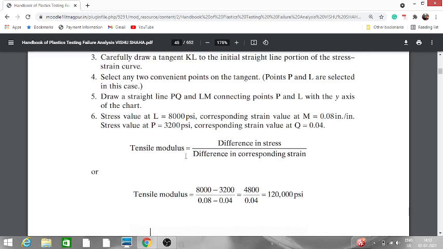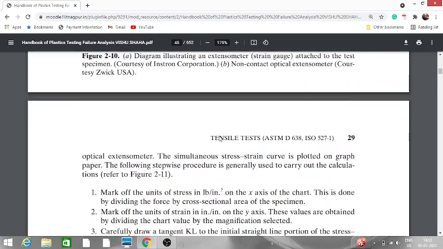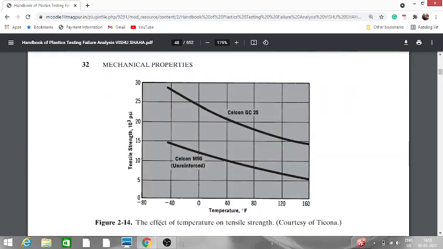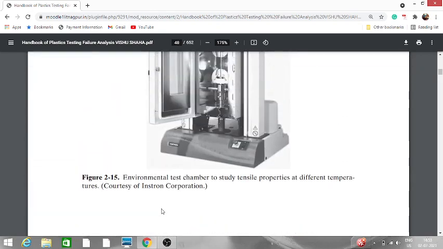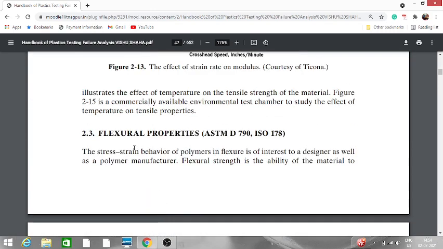Difference in stress, difference in corresponding strain. Same can be applied for flexural strain. So I hope this flexural test is clear to you.